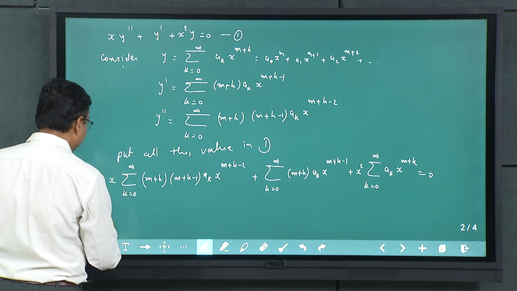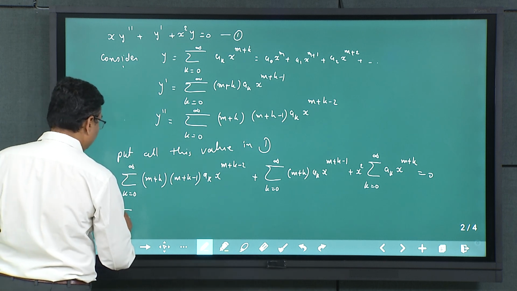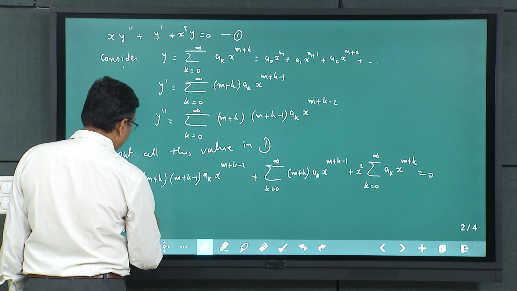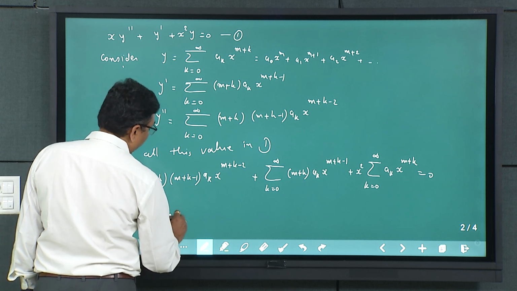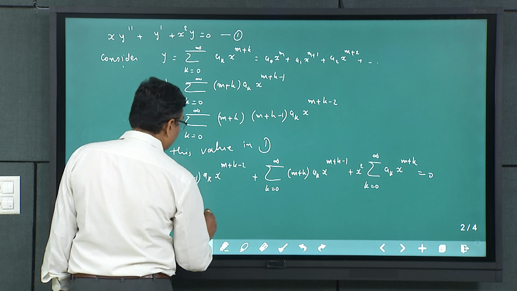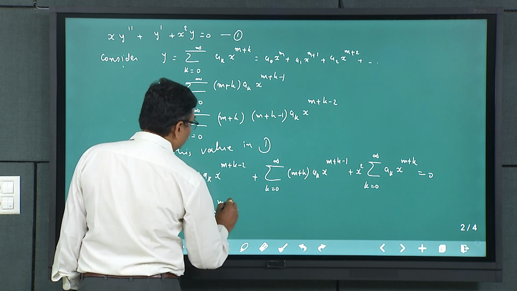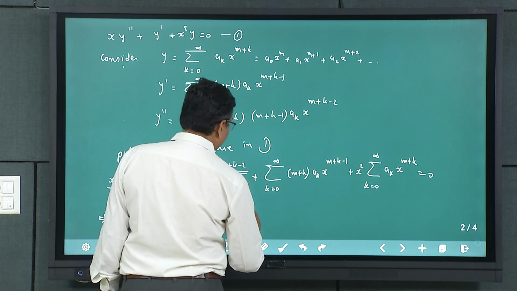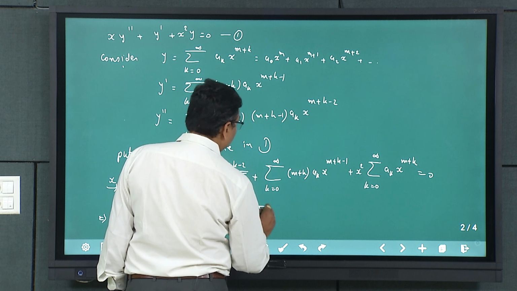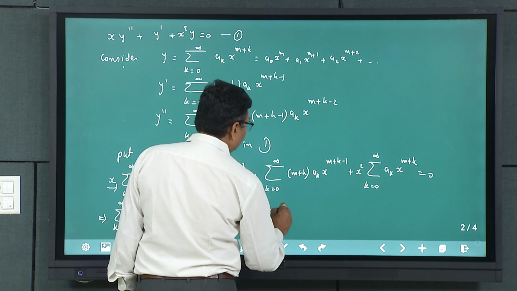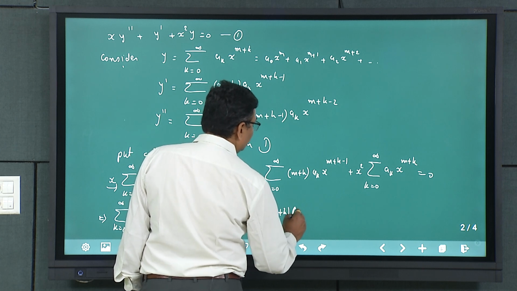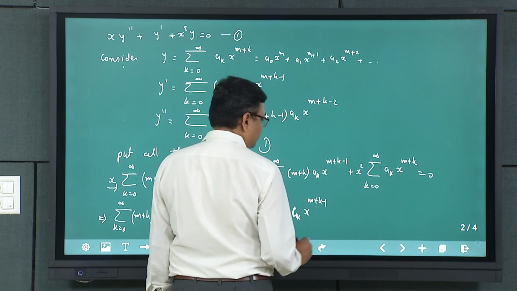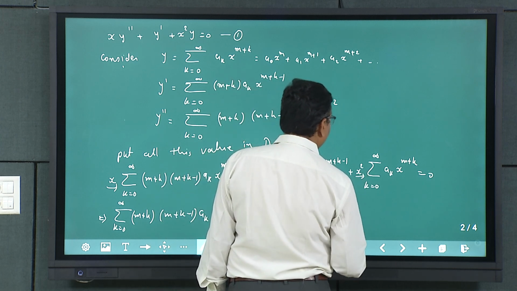નાઉ મલ્ટીપ્લાય વિથ ધીસ x. So sigma k is equal to 0 to infinity m plus k into m plus k minus 1 ak x raised to m plus k minus 1. આપણે x થી મલ્ટીપ્લાય કરીએ, અહીંયા પાવર ઓછો થઈ જશે, પ્લસ sigma k is equal to 0 to infinity m plus k into ak x raised to m plus k minus 1 plus multiply this by x square.